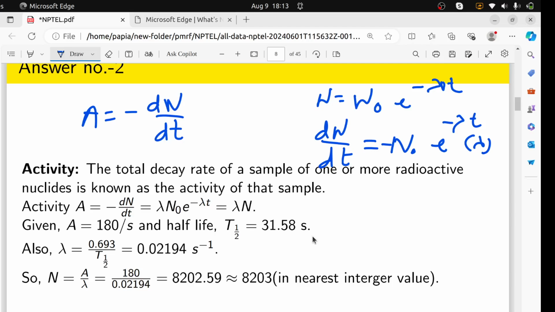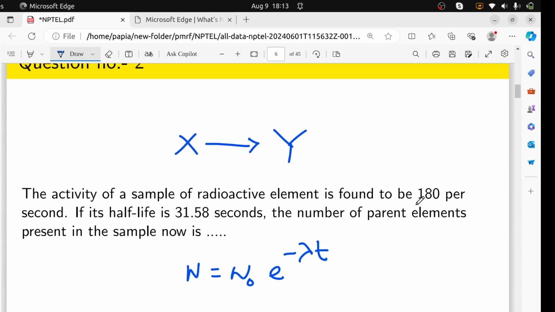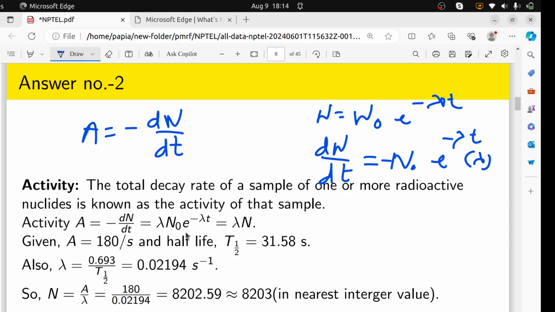So in that question it was given that the activity is 180 per second, and it was also given the half-life of X is 31.58 seconds. So A is already given and T half is already given. T half is the half-life.